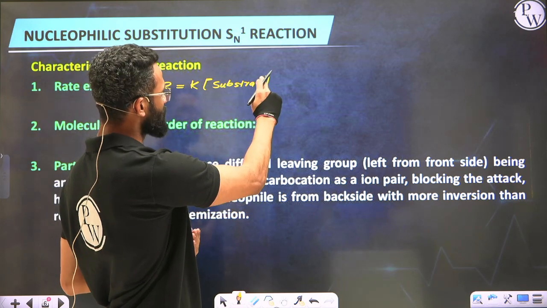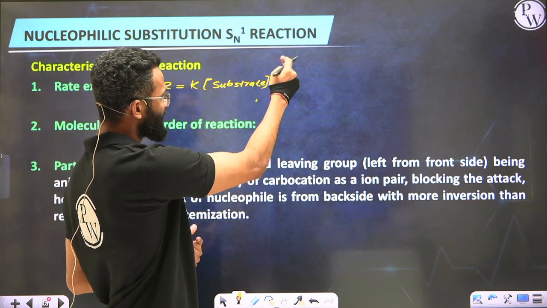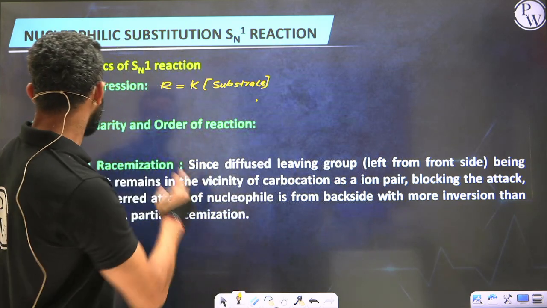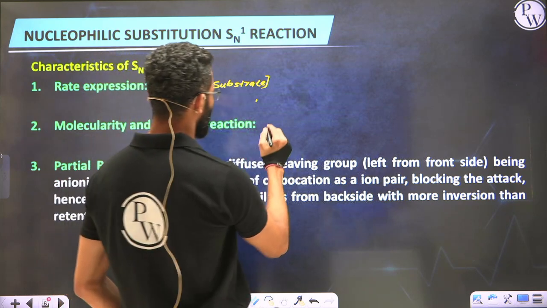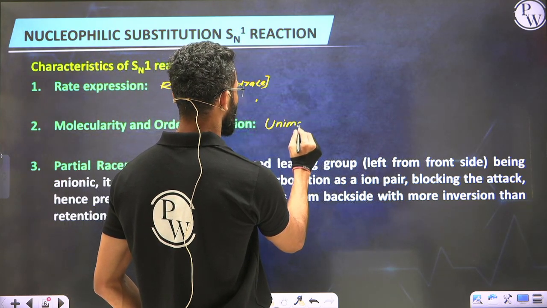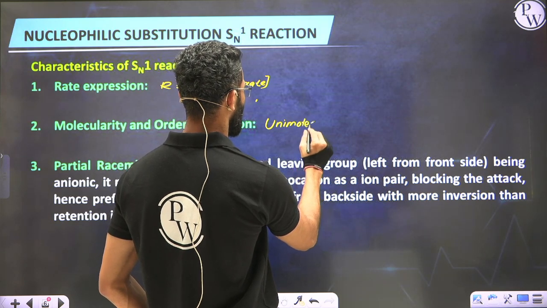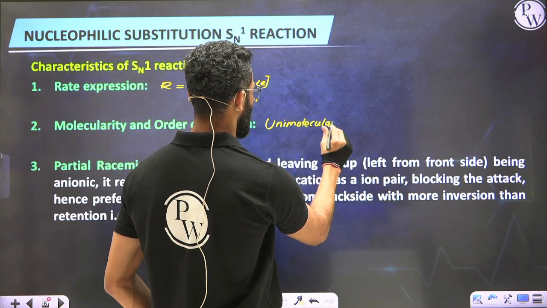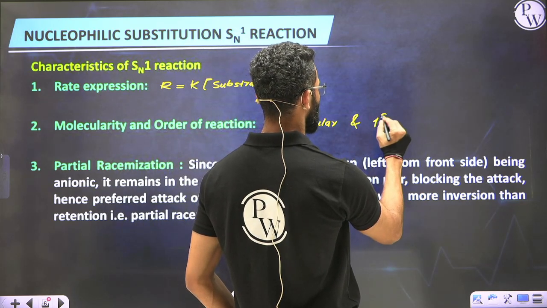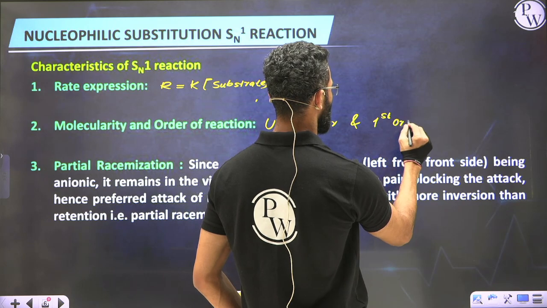Nothing is written, meaning substrate to the power 1. That indicates the order of reaction is also 1. So molecularity and order of reaction, you can say it is unimolecular and first order reaction.